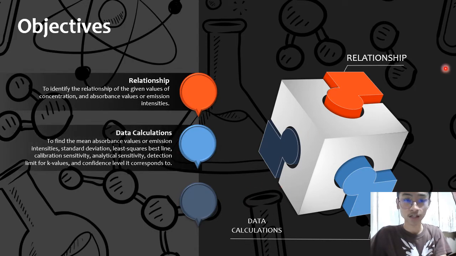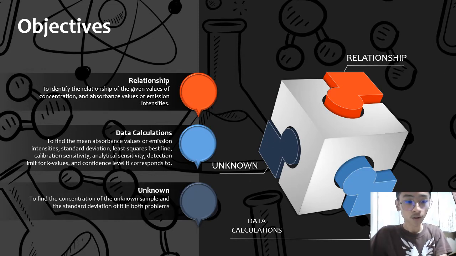To find mean absorbance values or emission intensities, standard deviation, least squares best line, calibration sensitivity, analytical sensitivity, detection limit for K values, and confidence level it corresponds to. Lastly, the unknown concentration. To find the concentration of the unknown sample and the standard deviation of it in both problems.